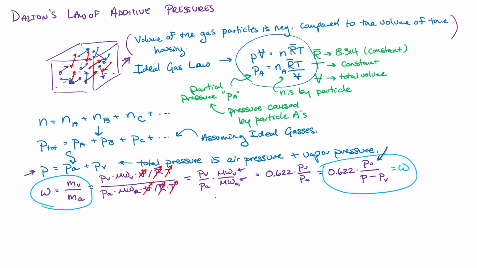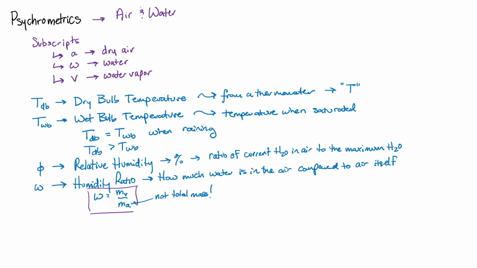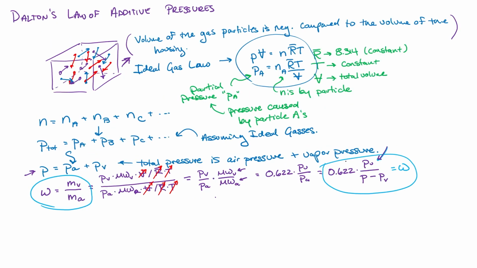So going to go back a slide here. Talk about my relative humidity. So relative humidity is the ratio of the current water in the air to the maximum water that can be held in the air.